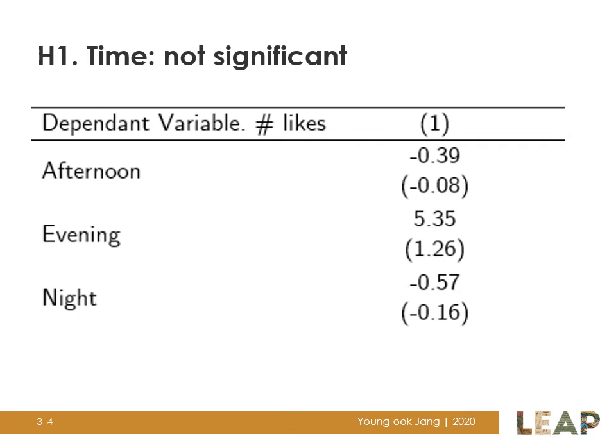But here there's no star. That means that the timing is not important when you control for other variables. So it was not the timing, but other variables that affected the number of likes. Okay, so we can say that timing is not significant from this table.